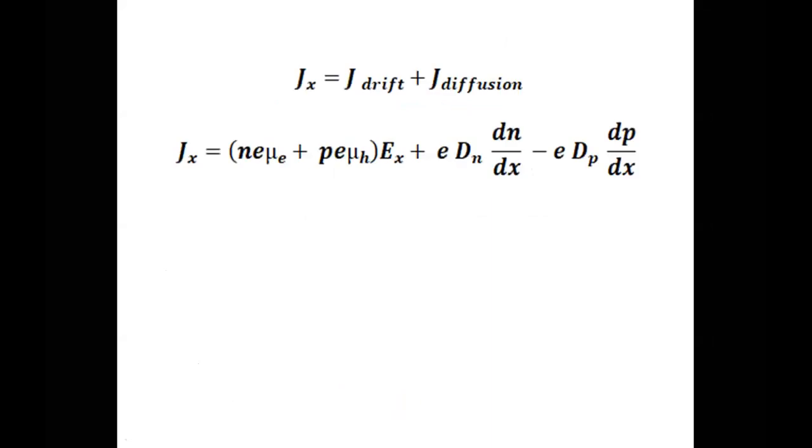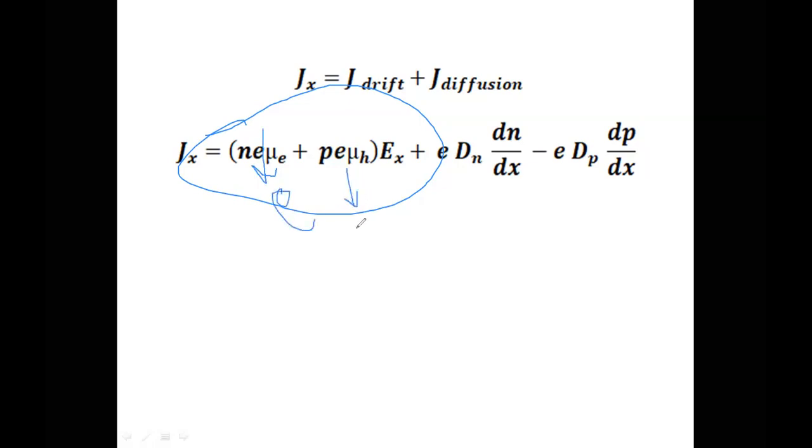Now we substitute equation number 1, which is (n mu e plus p mu h) times Ex. This is the drift current due to application of electric field. The first term represents electrons and the second term represents holes. Similarly, the third and fourth terms represent diffusion: the third term represents diffusion due to electrons, and the fourth term represents diffusion due to holes.